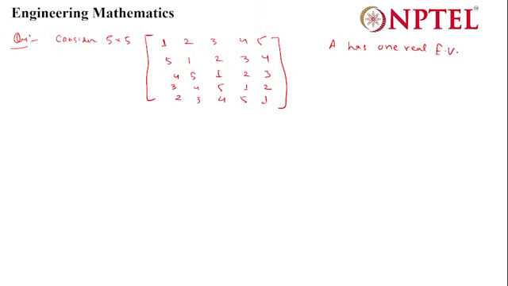Then what is the value of that real eigenvalue? That is what they are asking. Your options are minus 2.5, 0, 15, 25. Try to solve this question. 15. Okay, Vikas, you are correct.